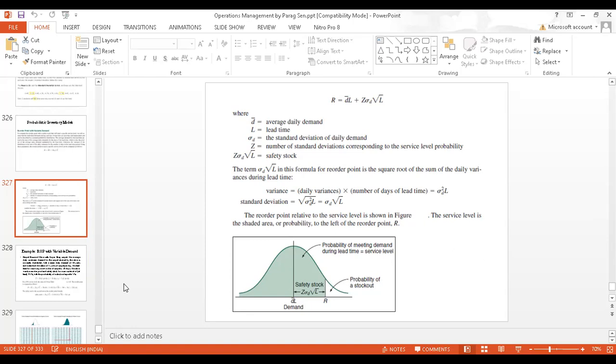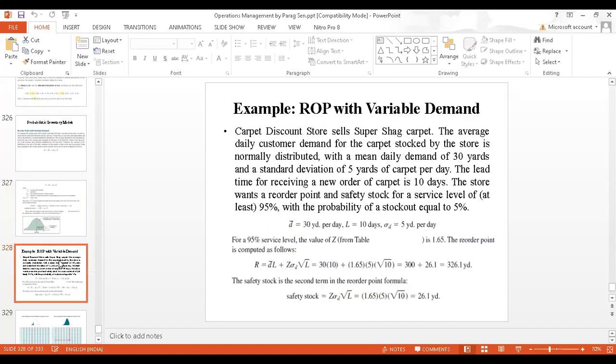Now the problem is given the reorder point with the variable demand, and all the data are given. You will just plug in the data and calculate the values.